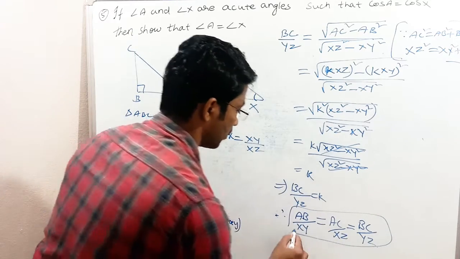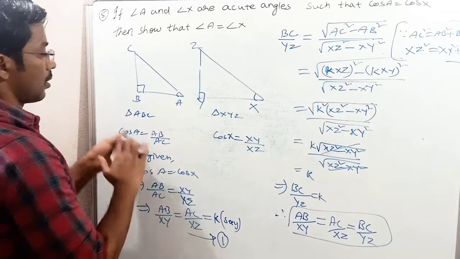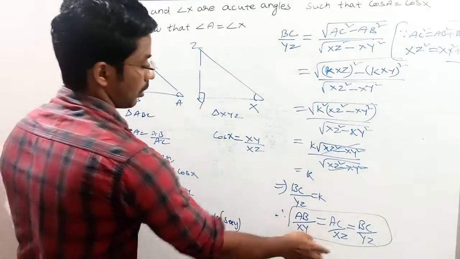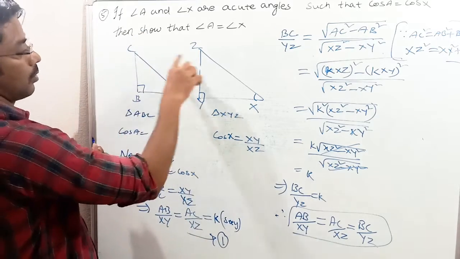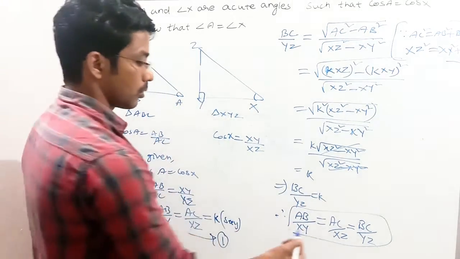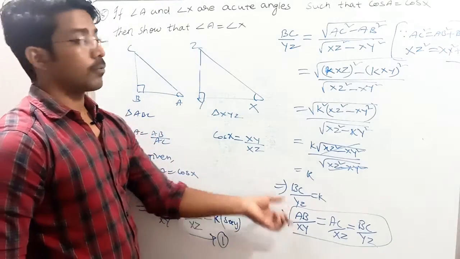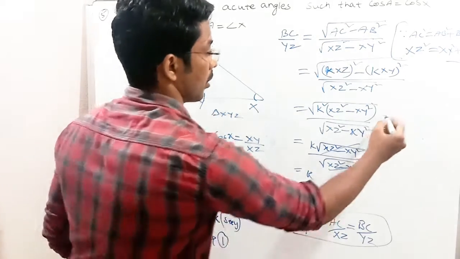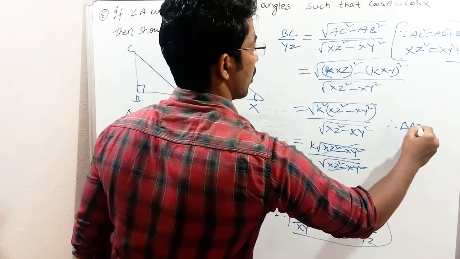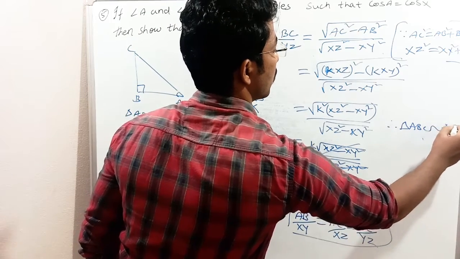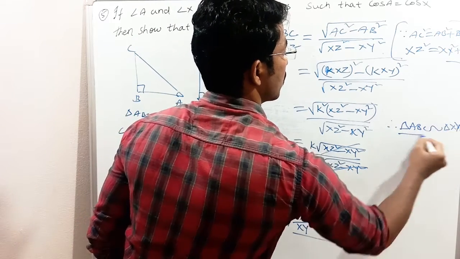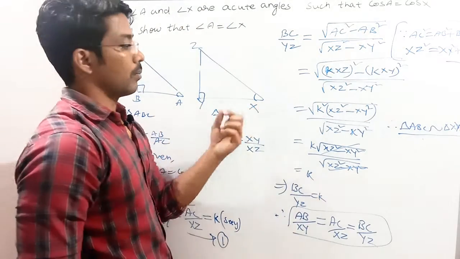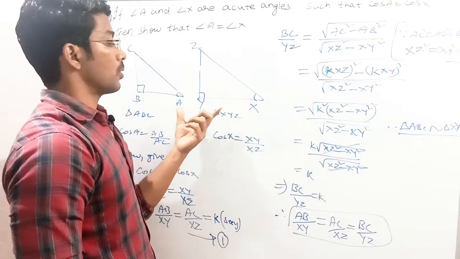So if we observe here carefully, AB XY is a corresponding ratio, AC XZ is a corresponding ratio, and BC YZ is a corresponding ratio. So as the corresponding ratios of two triangles are equal, those two triangles should be similar. Therefore triangle ABC is similar to XYZ.